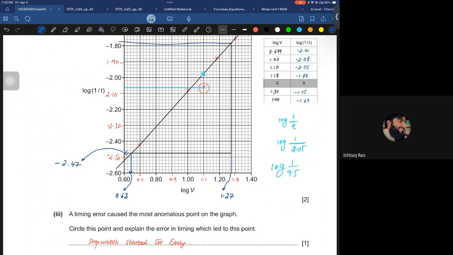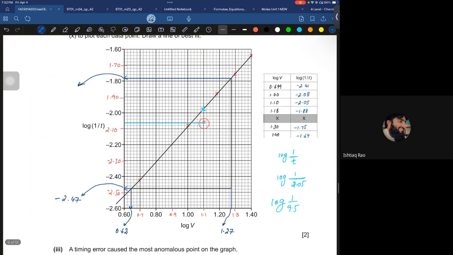And this value is 2.47 negative. Okay, I have taken this, right?